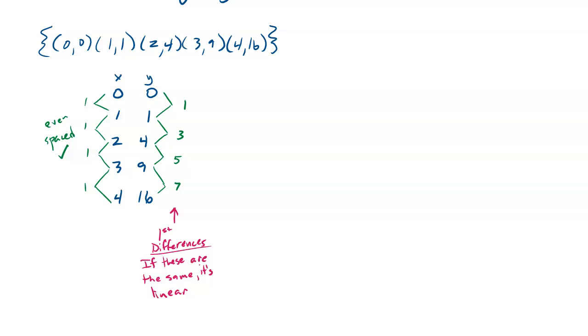So then the next thing we're going to look for is how far apart are these numbers. Let me do a different color. I don't want to make it the same as the original. 1 to 3 is 2 numbers apart. 3 to 5, 2 numbers apart. 5 to 7, 2 numbers apart. These are called the second differences.